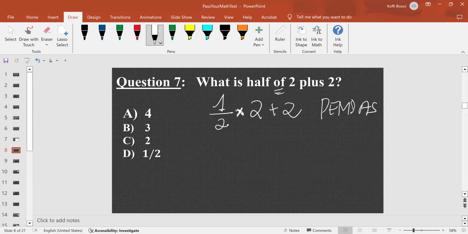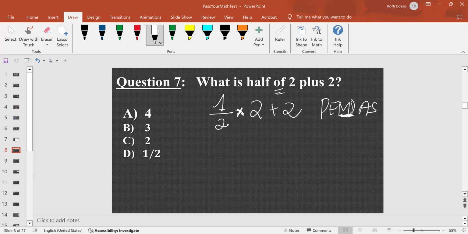In PEMDAS, we have P as parenthesis, E exponent, M multiplication, D division, A addition, and S subtraction. But multiplication and division are on the same level. If division comes first before multiplication, you do division. But if multiplication comes before division, you do multiplication.